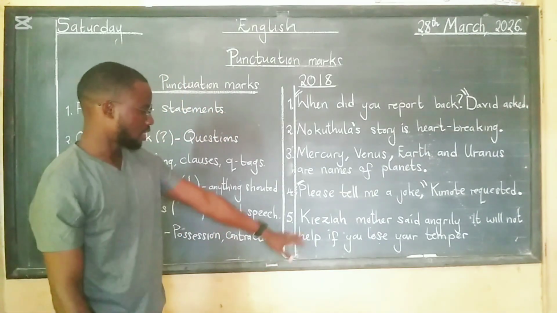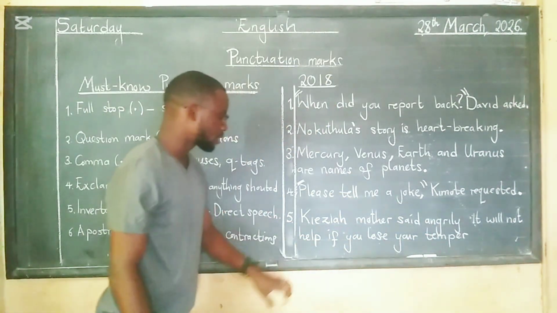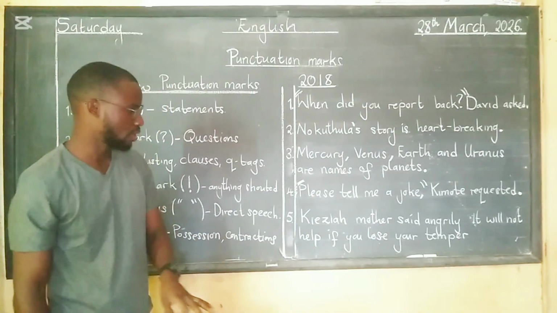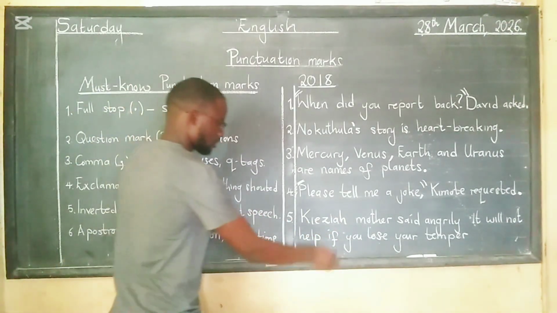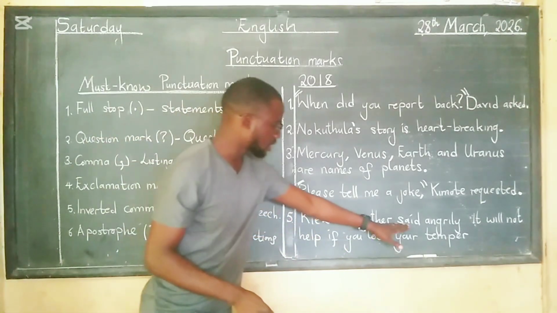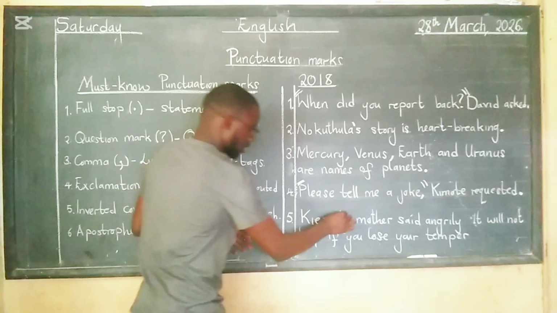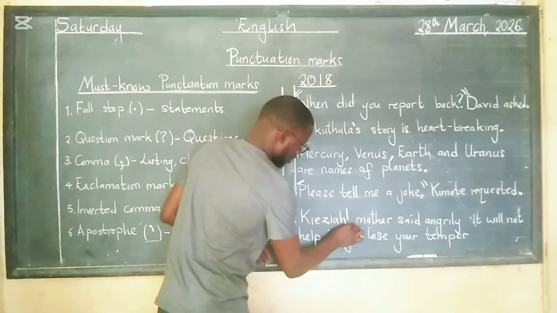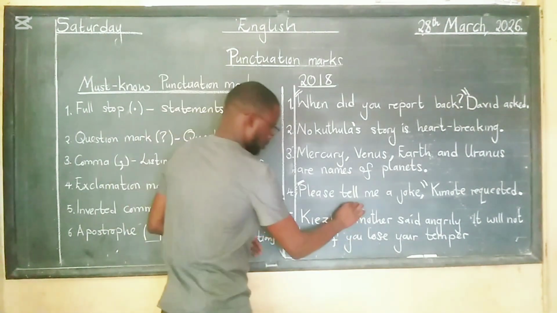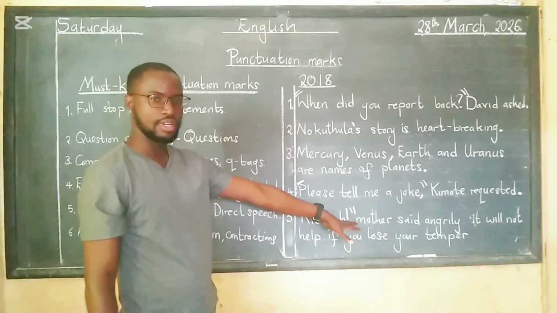Number 5, "Kezia," mother said angrily, "it will not help if you lose your temper." So mother said, first of all, she said Kezia. So this depends. They are saying angrily. She's most likely shouting. So we can say that, and then we put the inverted commas, because mother is the one who said Kezia, like that.